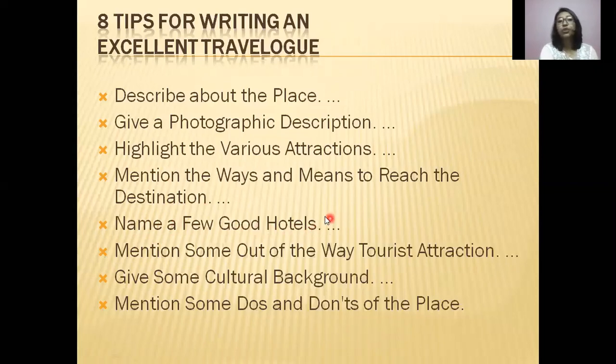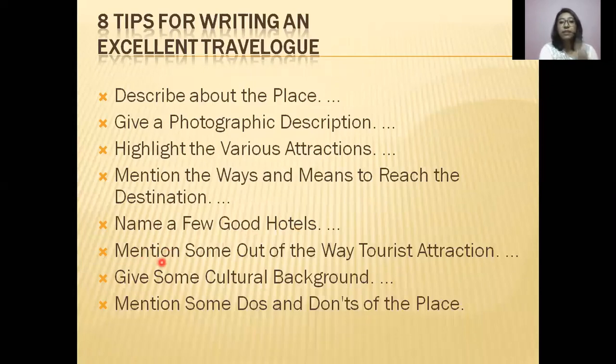You have to provide some information about the accommodation also, where to stay, because if you're going for a night stay, then of course you need hotels, lodges, homestays if it is a village. So you have to provide them plenty of recommendations about the accommodation, so that they can be prepared before reaching that place about where to stay.